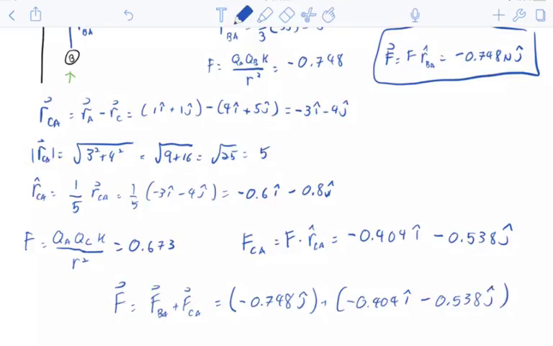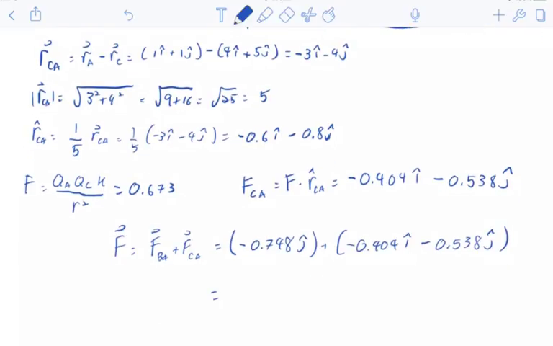So then when you combine them, it's minus 0.404 i hat minus 1.29 j hat. I guess these are newtons. Newtons. That's your final answer.